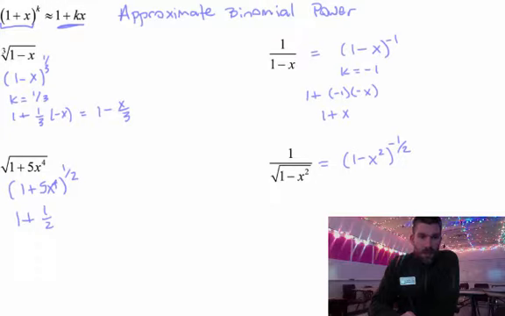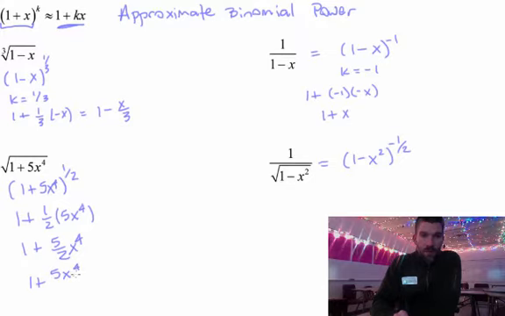When we do him, we're going to end up with 1/2 times 5x to the 4th. So that's going to give me 1 plus 5/2 x to the 4th, or 1 plus 5x to the 4th over 2. All of those will work.